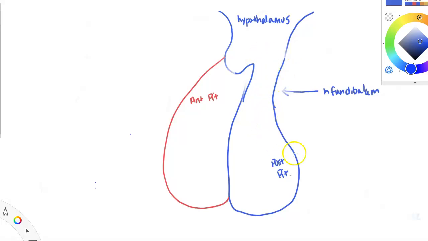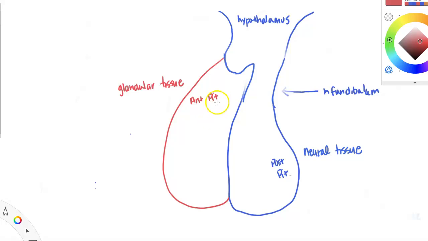It is neural tissue. All right, the anterior pituitary is glandular tissue. So the connection between hypothalamus and posterior pituitary is neural, and the connection between hypothalamus and anterior pituitary is through the blood.